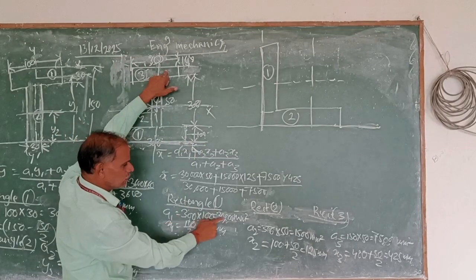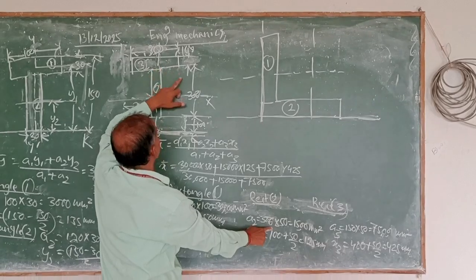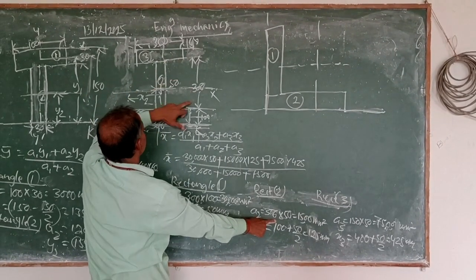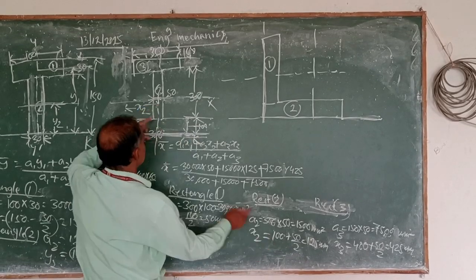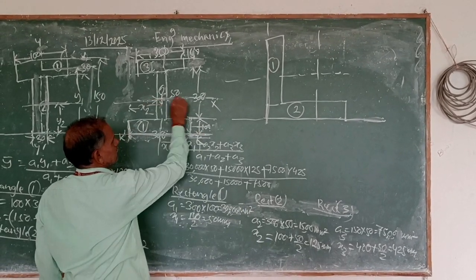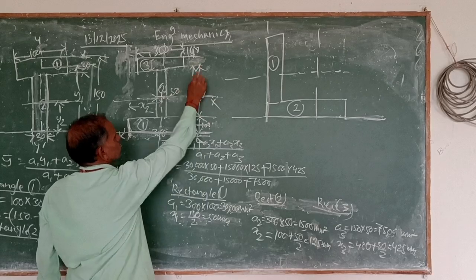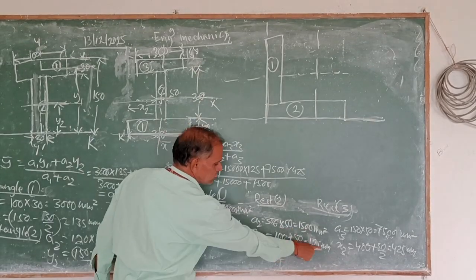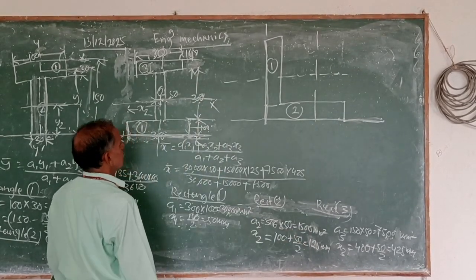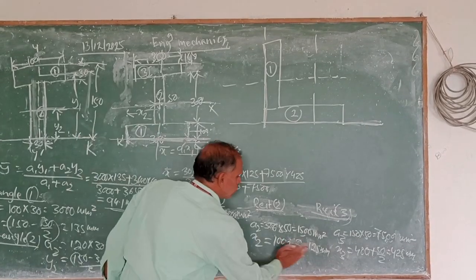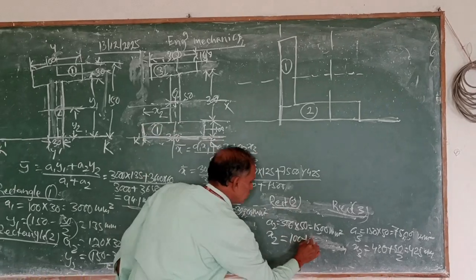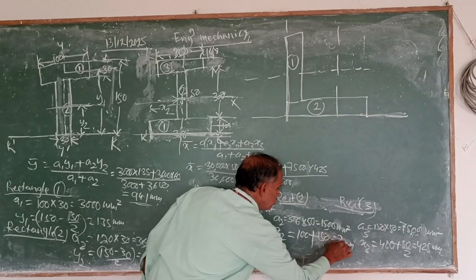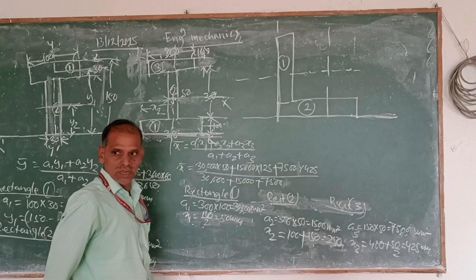Now in rectangle 2, the value of A2 is 300 into 50, that is 15,000, and x2 is the central distance, 100 plus 300 by 2, that is 100 plus 150, equal to 250 mm.